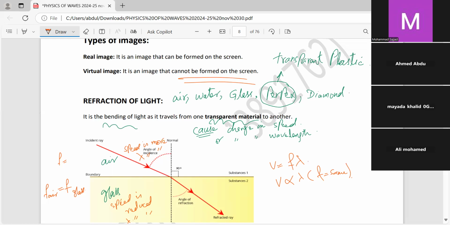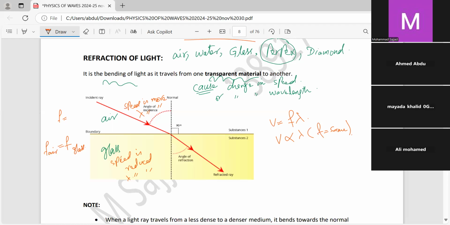What is there in refraction of light? The light bends as it moves from one transparent material to another. What is the cause of this? The cause is change in speed, or you can say change in wavelength. When this light is in air, its speed is fastest, almost the same as in vacuum.